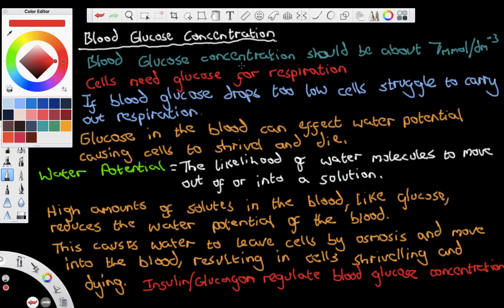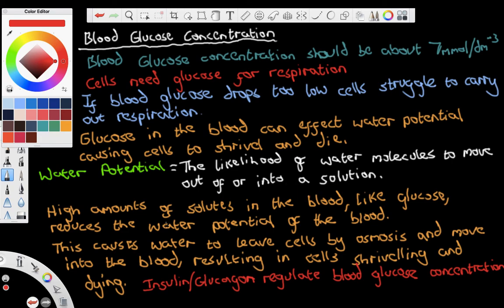So blood glucose concentration should be about 7 millimolar per dm cubed. Cells need glucose for respiration. If blood glucose drops too low, cells struggle to carry out respiration. Glucose in the blood can affect water potential, causing cells to shrivel and die. Water potential is the likelihood of water molecules to move out of or into a solution.